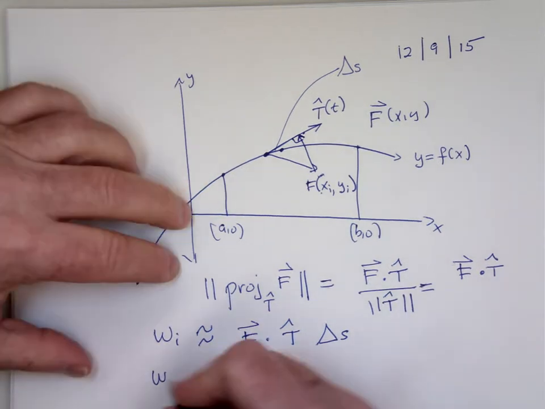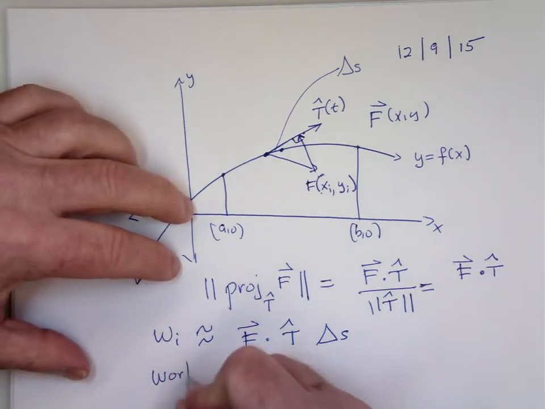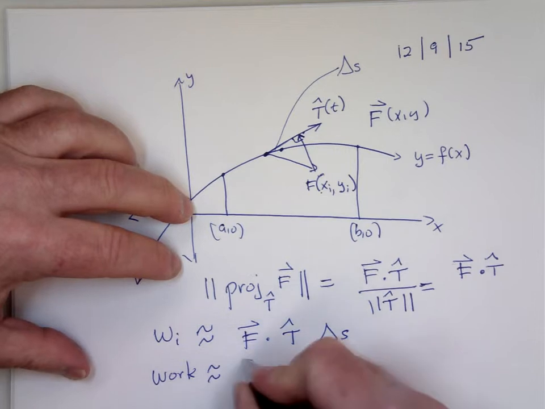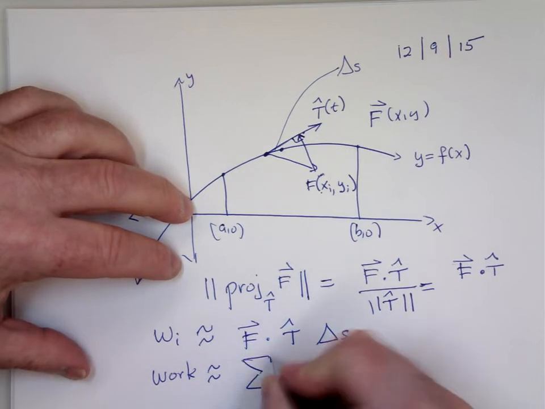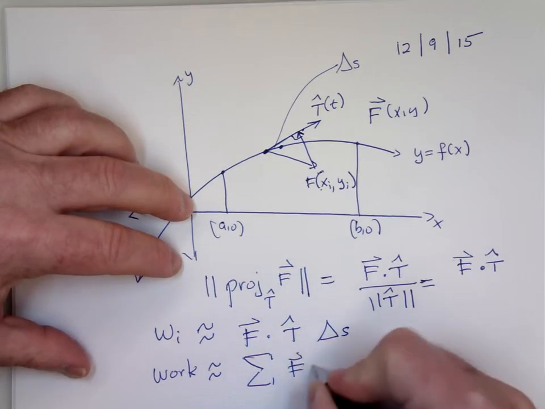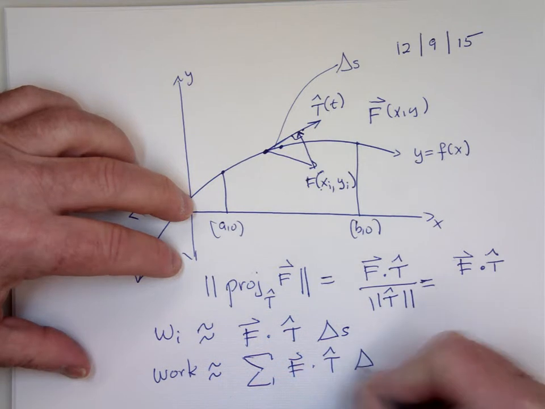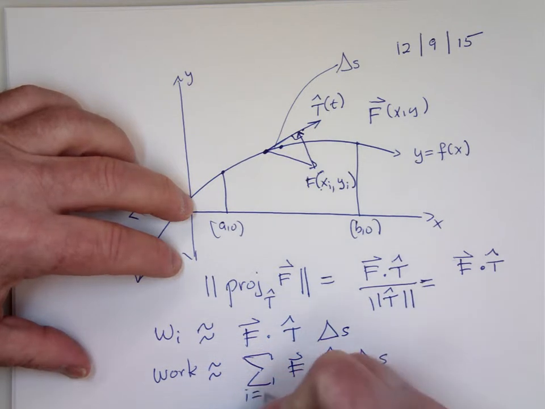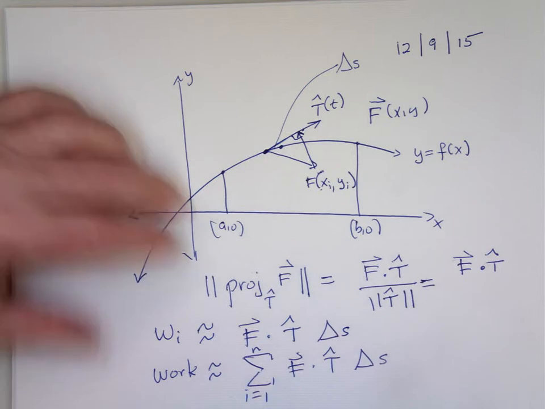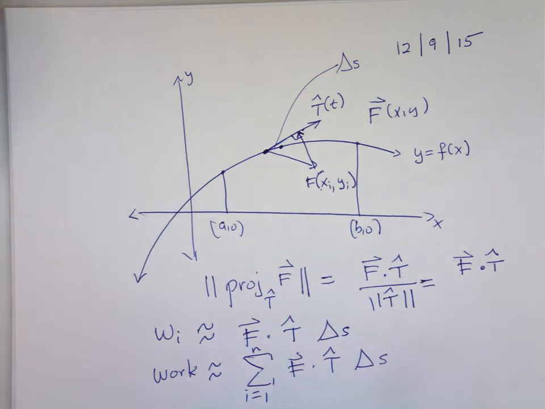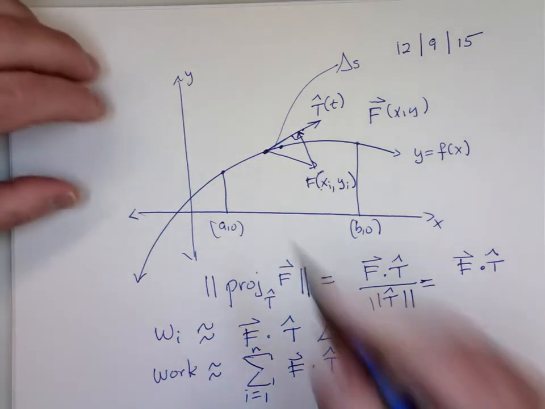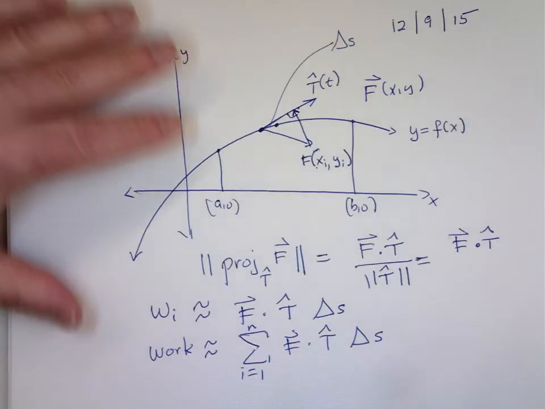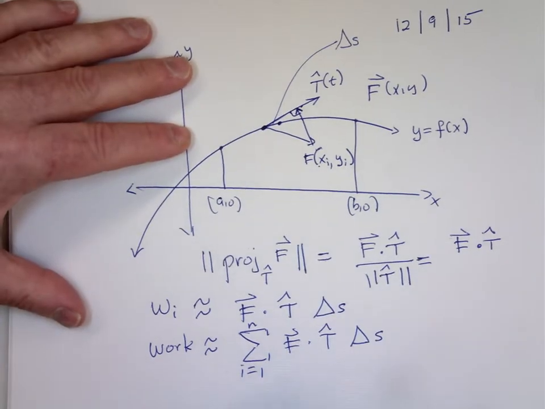What is the total work over the interval? Well, it's approximately equal to the sum of all these pieces of work. And what is the exact work done on moving the particle along this path?